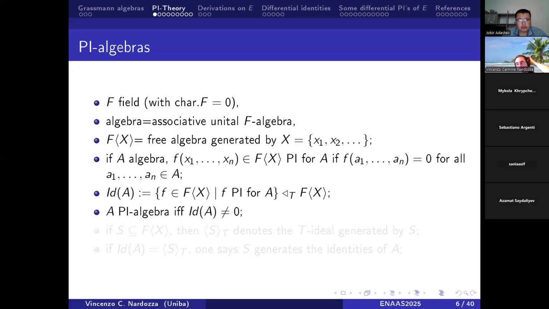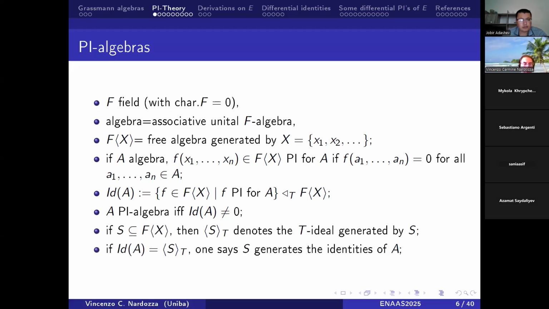For this reason, for short, it is called a T-ideal of the free algebra. And the algebra A itself is called a PI-algebra if this ideal is not the trivial one, is not constituted by the zero polynomial. That is, there is a non-zero polynomial in the free algebra identically vanishing on the algebra A.